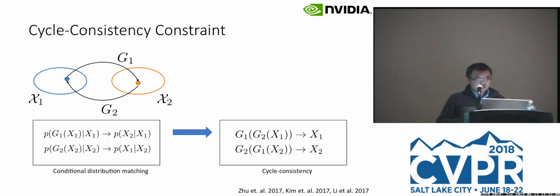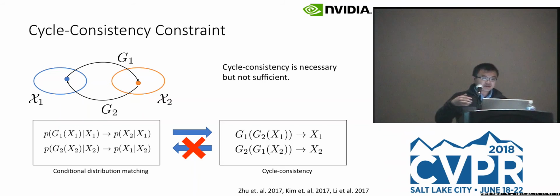So cycle consistency is a necessary condition for the conditional distribution matching to happen, but not the other way around. So it tells us there's maybe something more we can do beyond cycle consistency, because it's necessary but not sufficient.